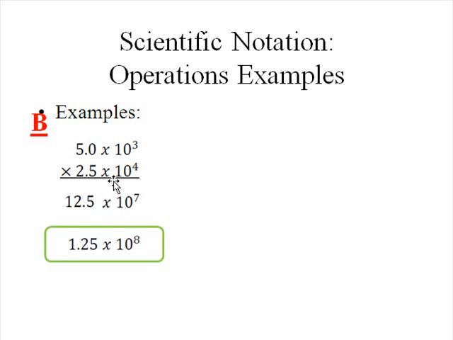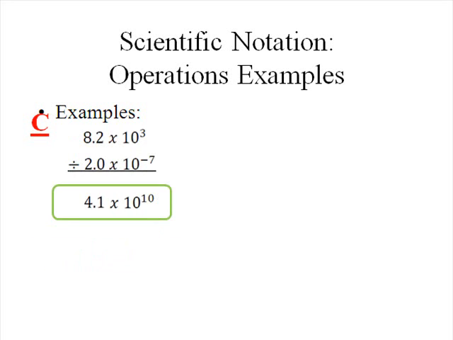The way to think about it is these are two separate events. You add up the exponents, and then you multiply these two values. Your last move is to convert 12.5 times 10 to the seventh to 1.25 times 10 to the eighth. So with multiplication, you add exponents.